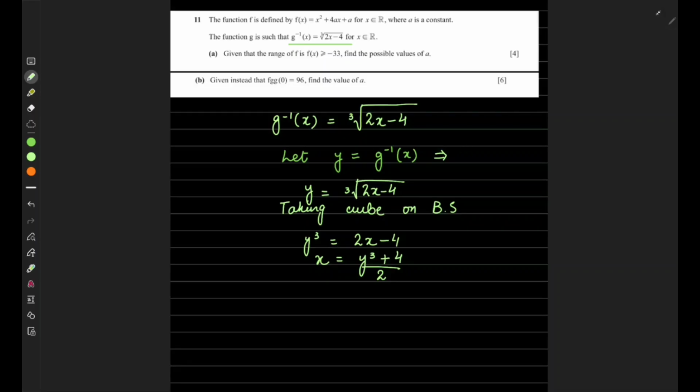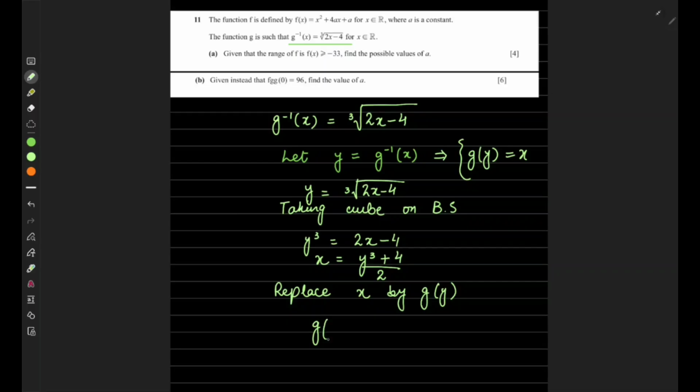So now it will become g of y equals x. So now replace x by g of y.